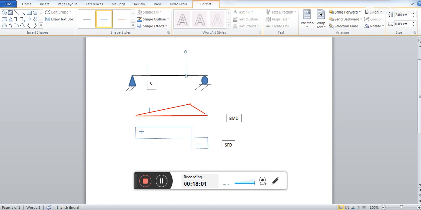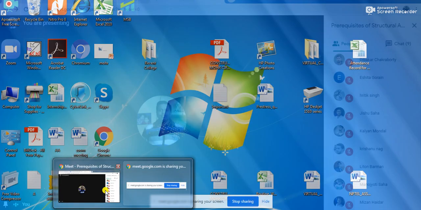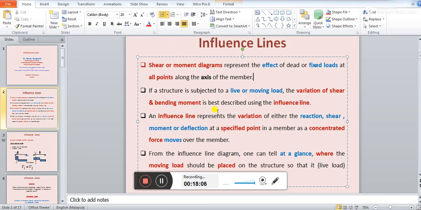Okay. So if you want to understand the concept of influence line diagram, what actually will you have to find out using influence line? If a structure is subjected to a live or moving load, then the variation of shear and bending moment, this is a very important point.